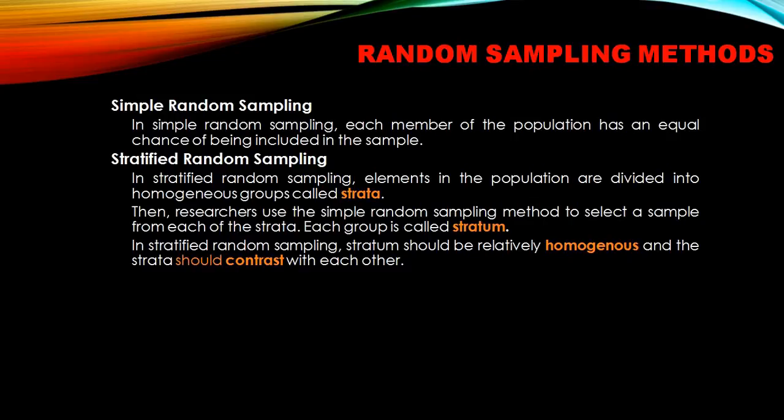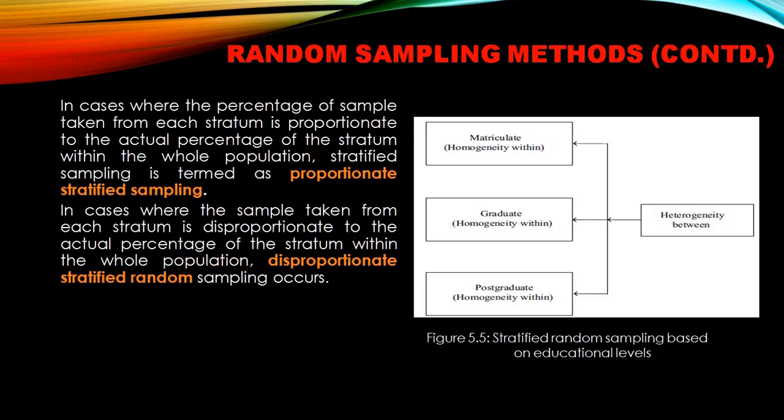Now in stratified random sampling, each stratum should be relatively homogeneous and the strata should contrast with each other. That's what I told you in the beginning. The elements within the strata should be homogeneous, whereas one strata should be entirely contrasting to the other strata. What I'm talking about, you can see now.